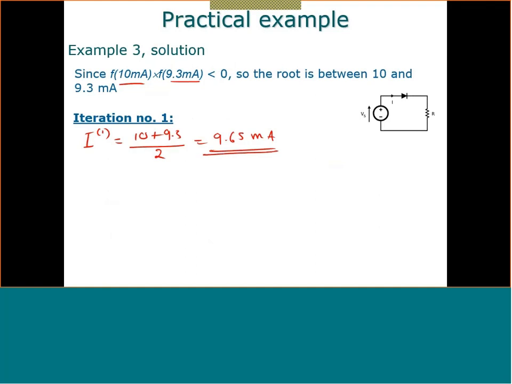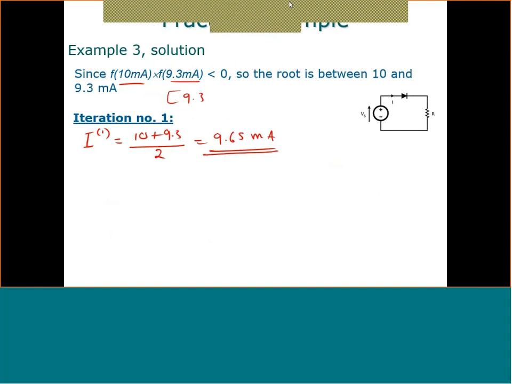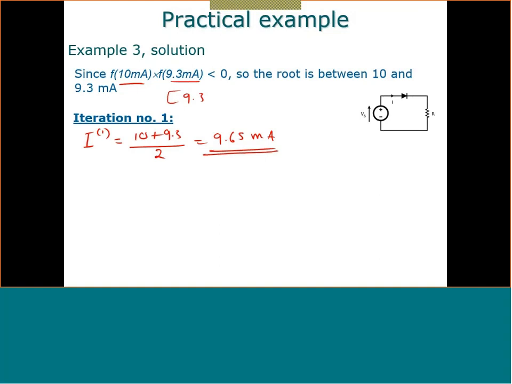Now I need to go for the second iteration. Now the limit is between 9.3 and 10, so 9.3 to 10 milliamps.